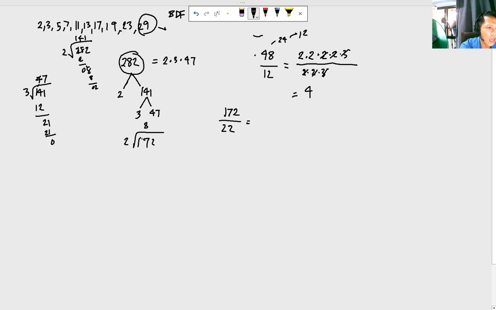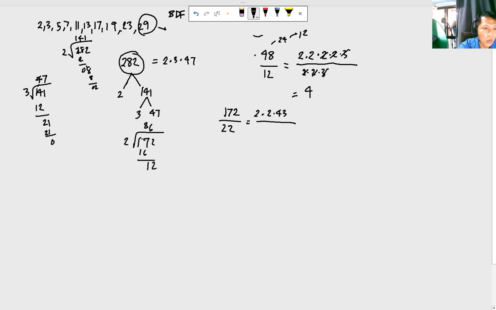So that is 8 times 2, that is 16. And then carry 1, 12, you have 6. So 86. So 86 can still be divided by 2. So you have 2, and then 43. So 43, I think, cannot be divided by anything. So 43 would be your last prime number.